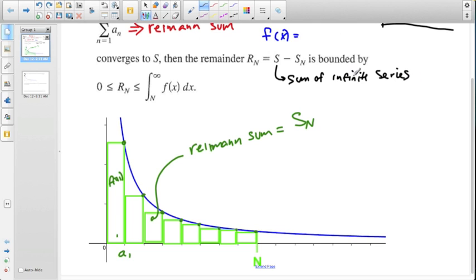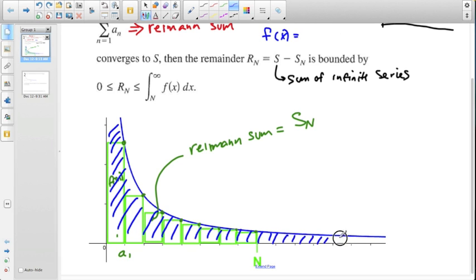And if that's unknown, then we really can get an idea of a remainder or an error by considering that we can take this as a function and find the area underneath the curve, all the way out to infinity.